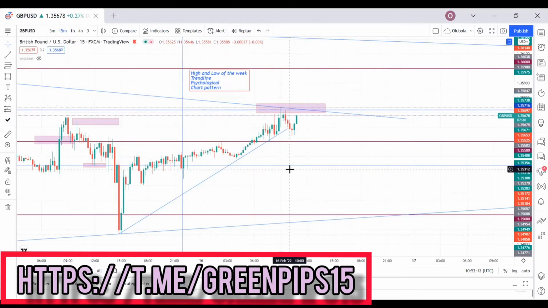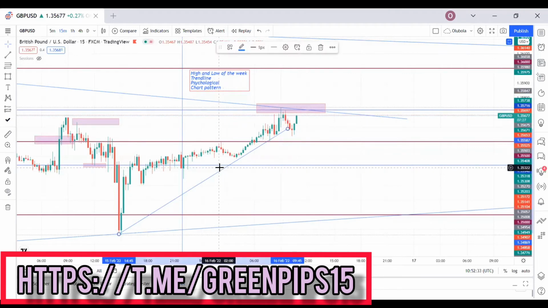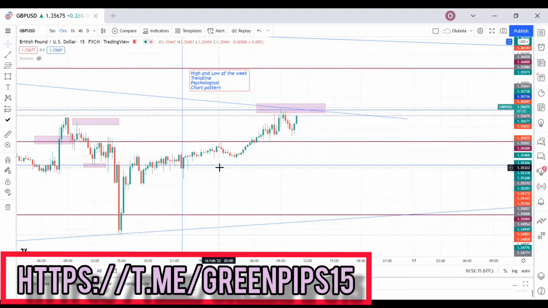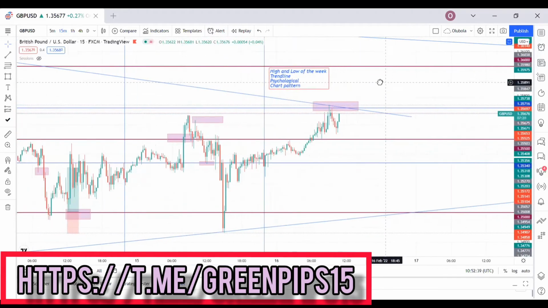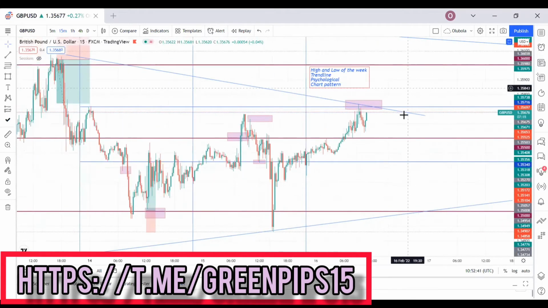Initially I was expecting to have a W pattern from here, but it wasn't coming. Even the chart pattern wasn't coming, so I let it go. That was when I said the market is not stable.